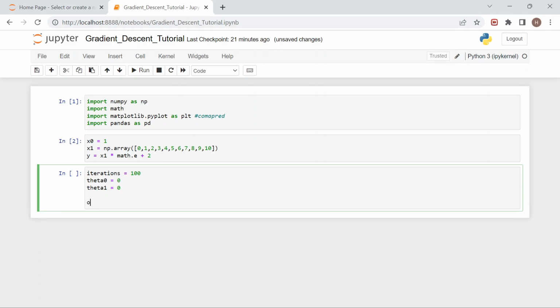So we will have for i in range iterations, so it'll start with 1 and get to 100. As that's happening, what do we want to do?